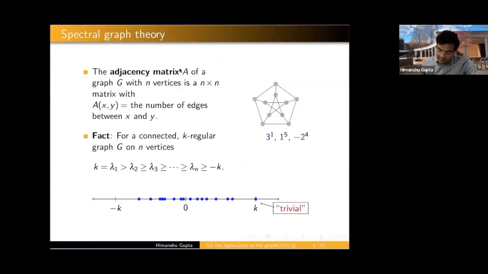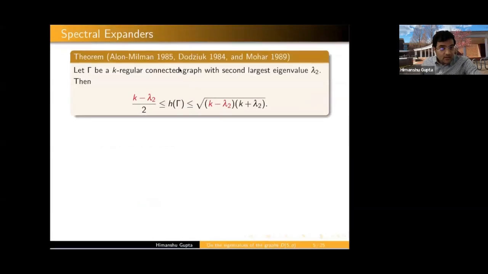Okay, and it is a known fact that for a connected k-regular graph on n vertices, the largest eigenvalue is going to be k, and we refer to this eigenvalue as the trivial eigenvalue, and all other eigenvalues lie between -k and k. Okay, so we are interested in the isoperimetric constant.